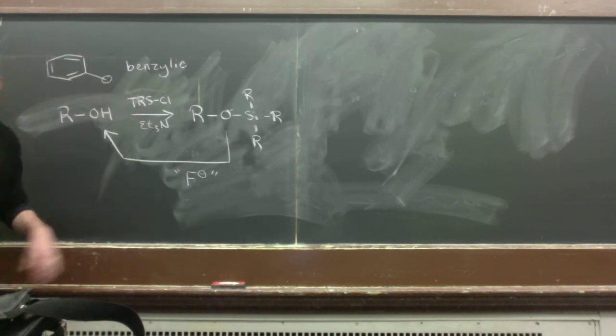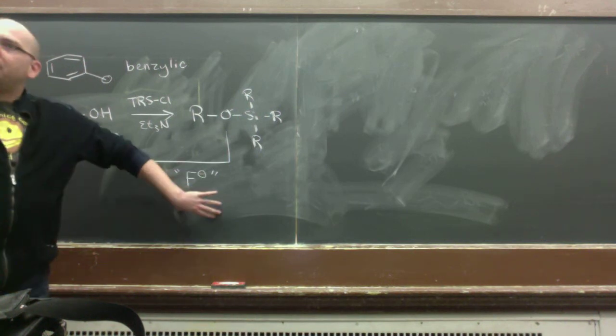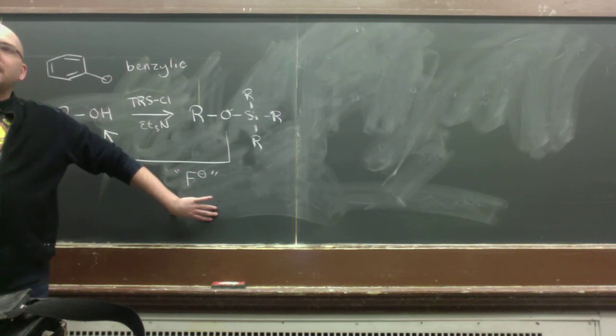We'll just say F minus for the time being, but there's a lot of different sources of fluoride that we can use. Sometimes people will use HF, sometimes people will use a reagent known as tetrabutylammonium fluoride. But again, for the sake of this, just a fluoride source.